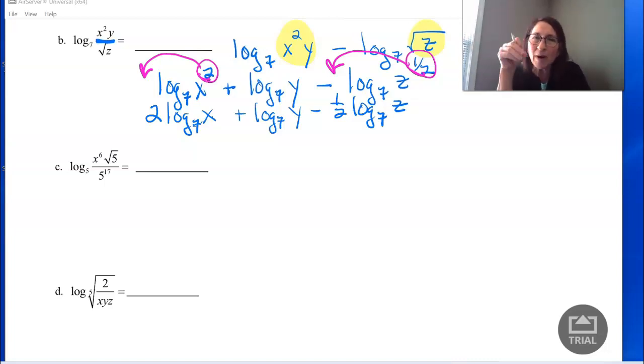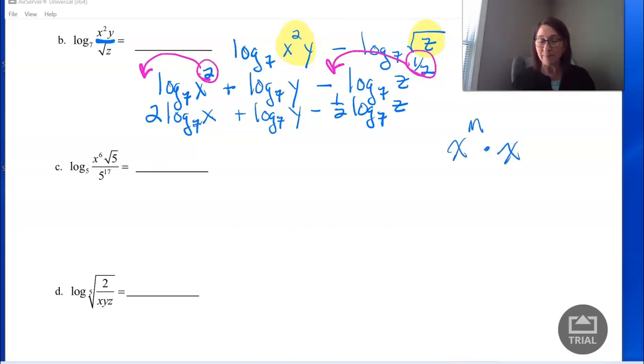And so the reason we add those 2 logs is because of the properties of integer exponents. Recall that when you have the same base, so x to the m being multiplied by x to the n, you don't multiply those exponents, you add them.